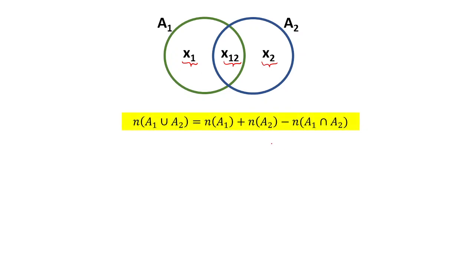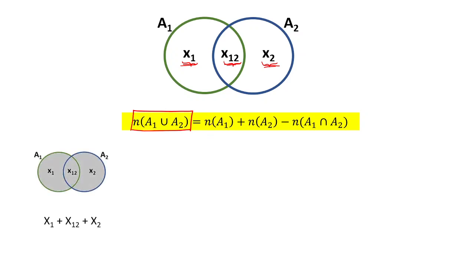Then you use this formula to calculate the number of elements in the union of sets 1 and 2. By union, I mean it's in either set 1 or set 2. So speaking in these terms, you have to sum all these numbers.